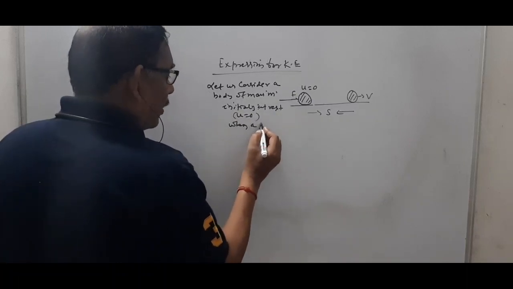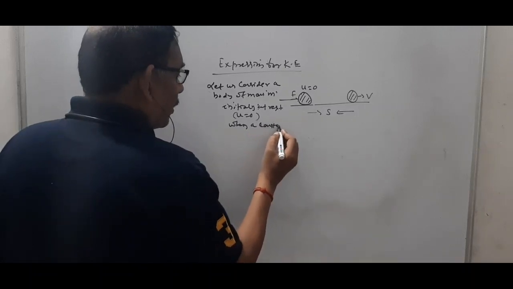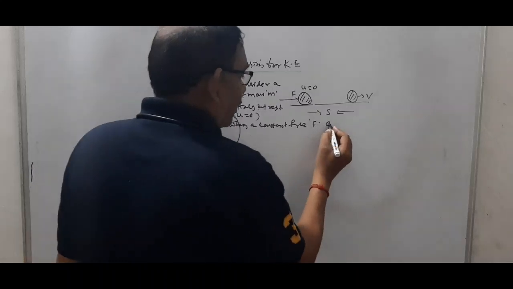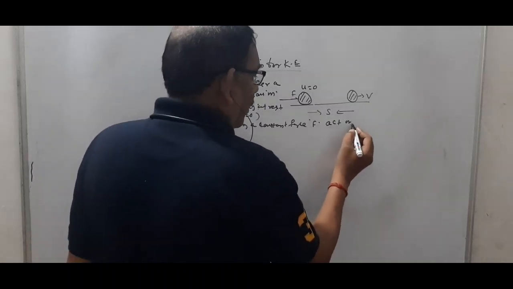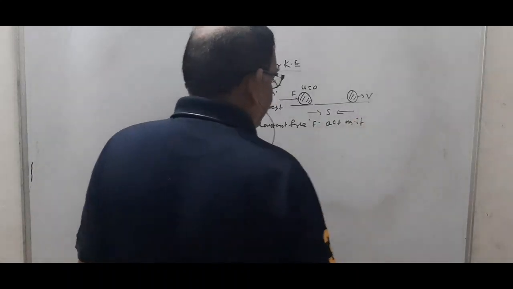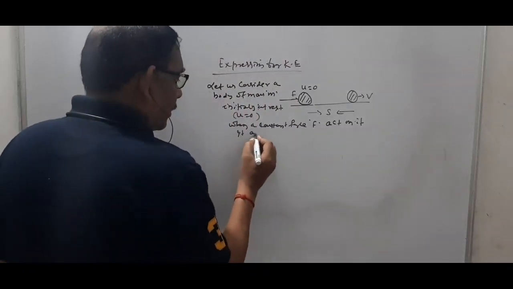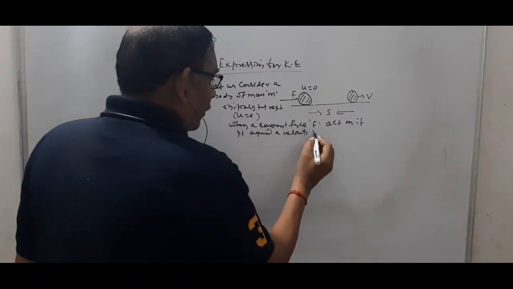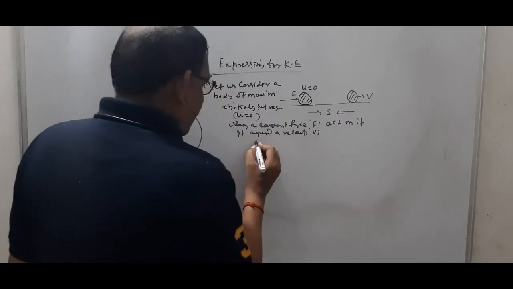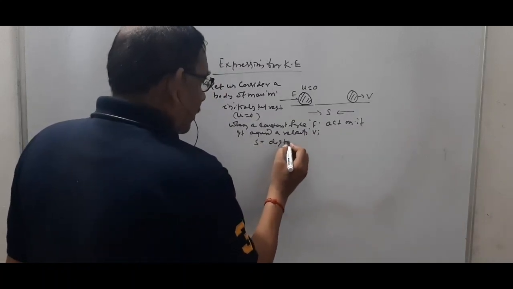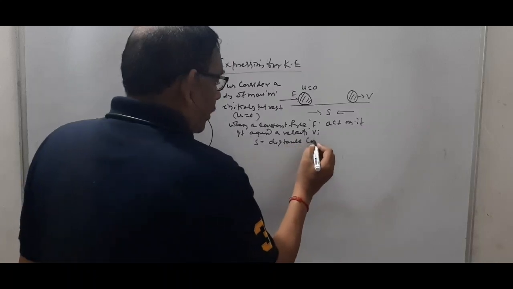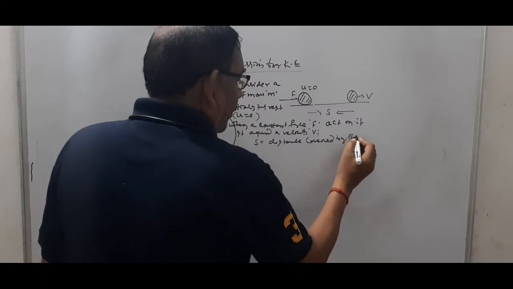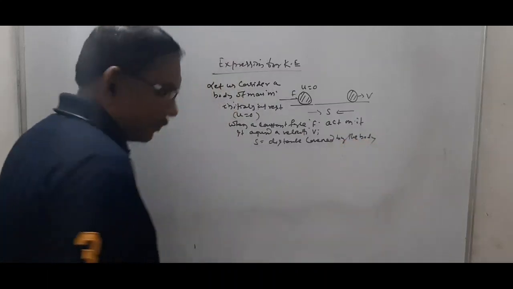When a constant force acts on it, it acquires a velocity v, and s is the distance covered by the body.